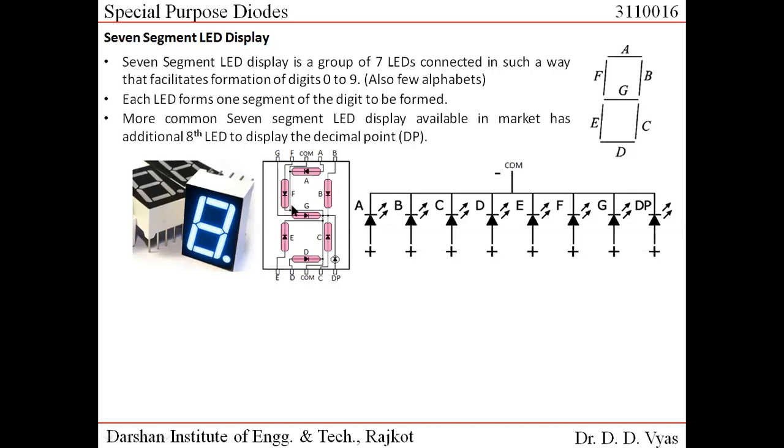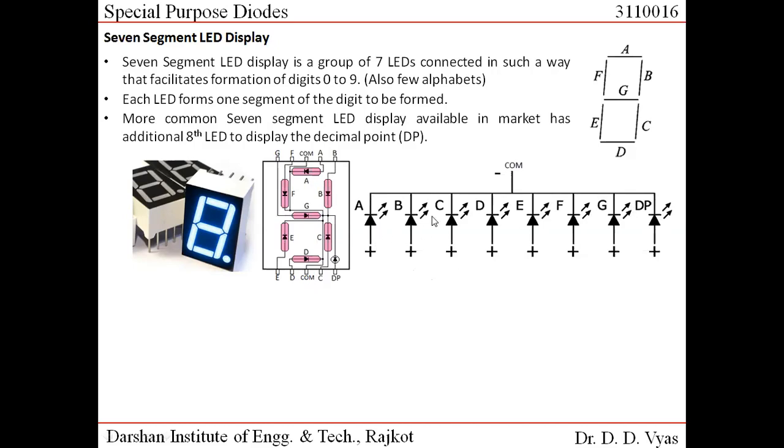If we trace back this cathode, segment B also has its cathode connected to common. Segment G also has its cathode connected to common. Segment F also has its cathode connected to common. And this common and this common here are both shorted. So in short, if we arrange it in a linear form, then the LEDs are connected like this.